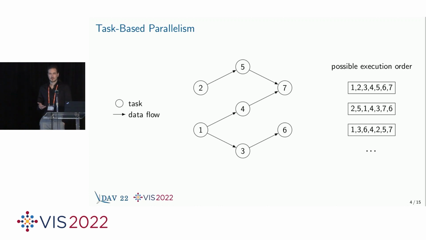With this graph and the information of the available resources, an underlying task scheduler can schedule those tasks according to what resources are available and whether the dependencies have been fulfilled. And it is a lot more flexible than the bulk synchronous approach and allows for many possible execution orders, even for this small example.